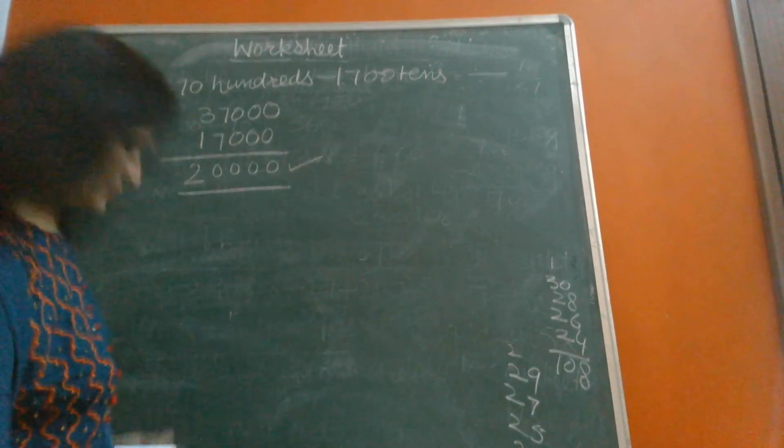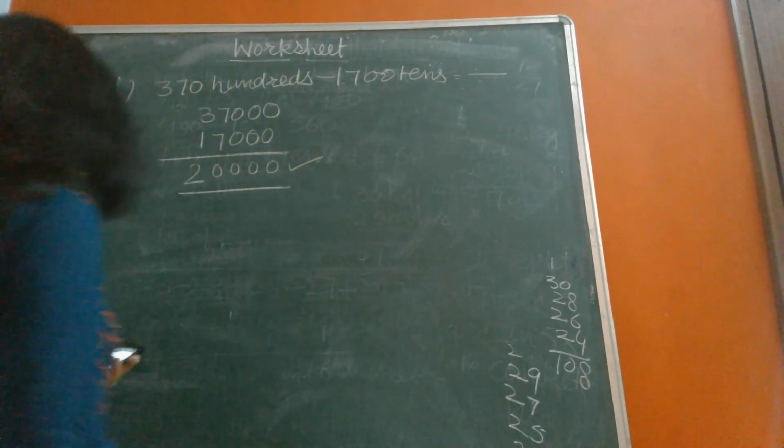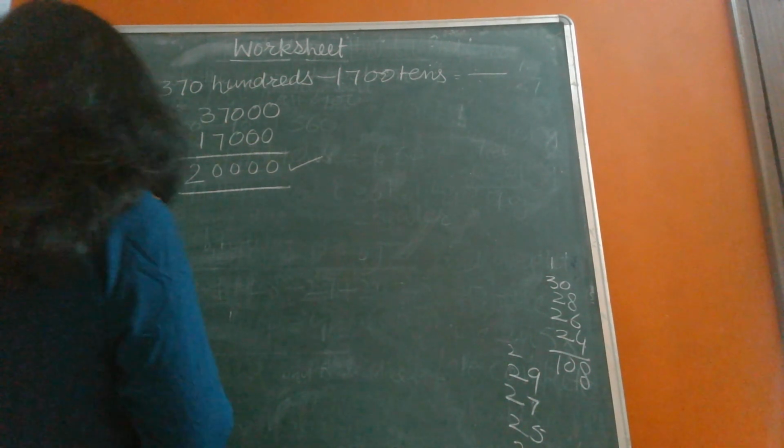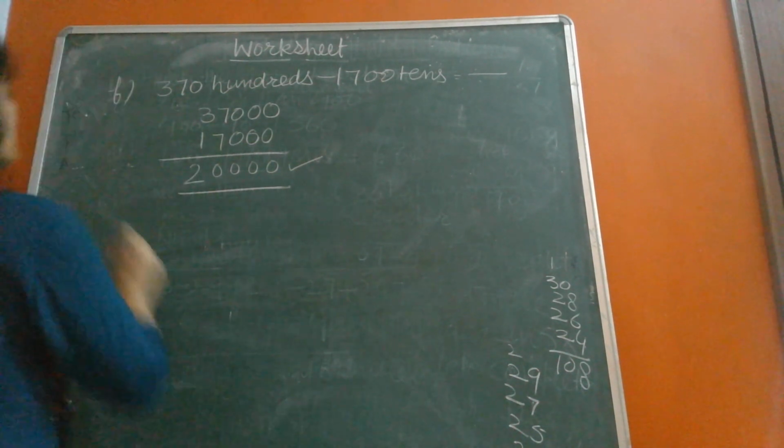Now question 8. Question 8 is: the largest 5-digit number subtracted from the smallest 6-digit number gives.